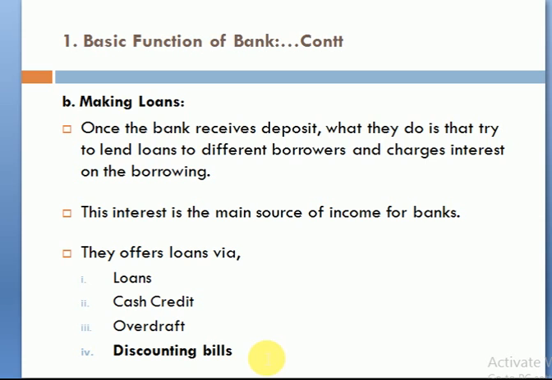Keep in mind, this facility is given only to existing customers of the bank who have a current account in the bank and are loyal customers. So if you have a current account in a bank and you want some loan, some overdraft facility is given by the bank to you.